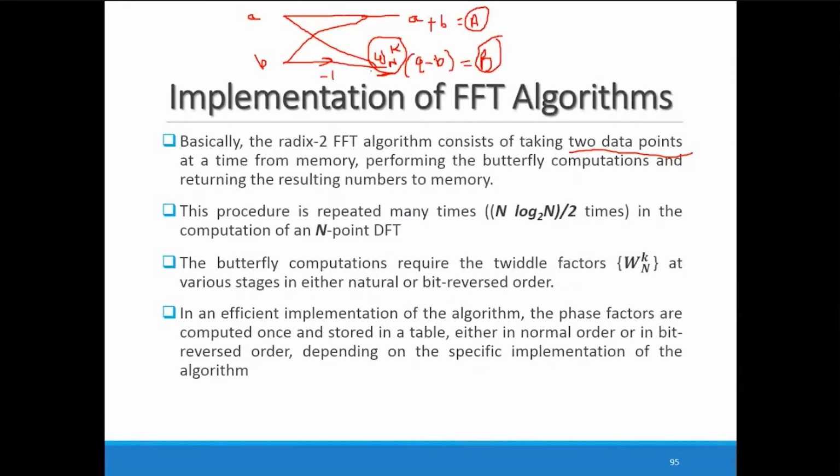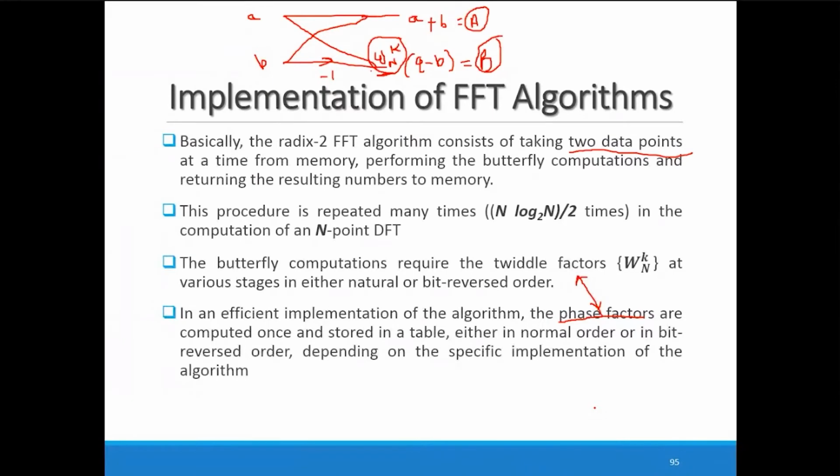In an efficient implementation of the algorithm, the phase factors are computed once and stored in a table. These phase factors are nothing but the twiddle factors; both are the same, and sometimes we call it a phase factor.